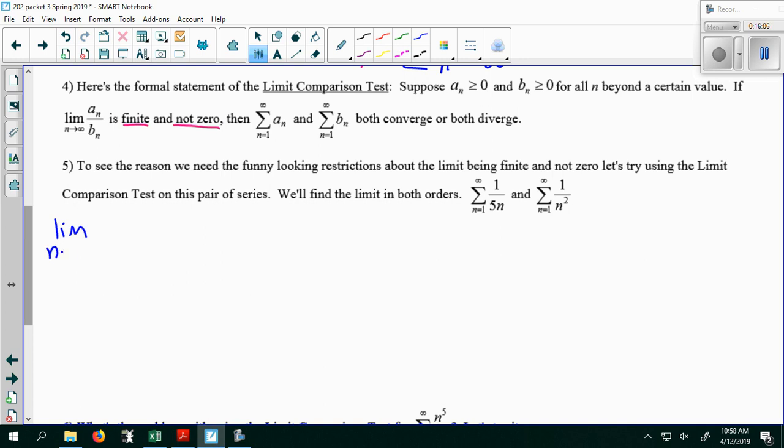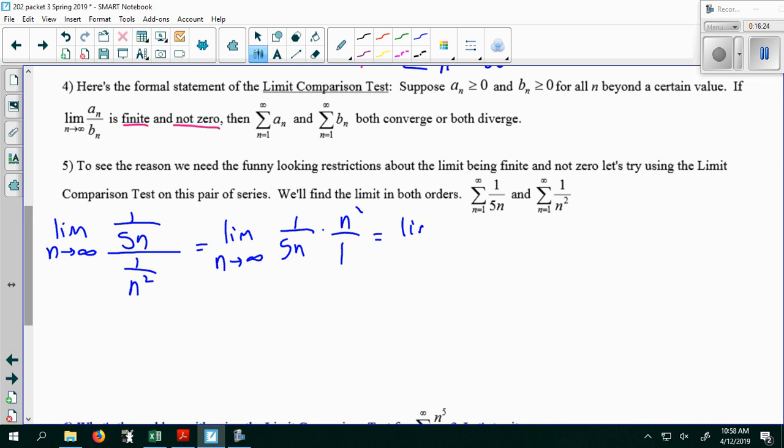The limit as n goes to infinity of 1 over 5n compared to 1 over n squared. So this is the limit of 1 over 5n times n squared over 1, which is the limit as n goes to infinity of n over 5.